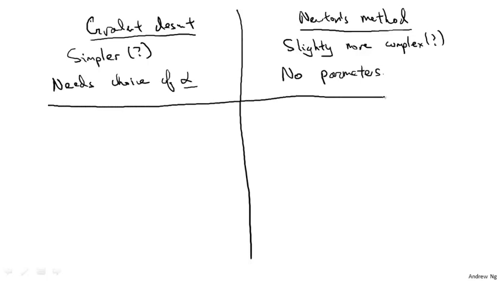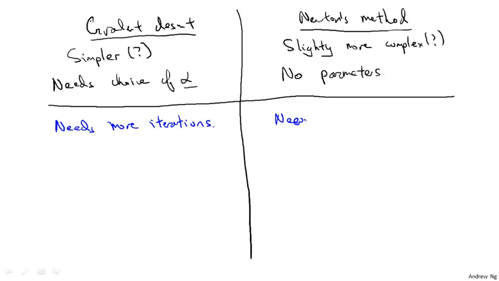So far, maybe it seems a wash between the two algorithms, or maybe small differences. Here's a more significant difference: gradient descent, it turns out, needs more iterations. You may need to run a lot of iterations of gradient descent before it converges, maybe hundreds or thousands or tens of thousands of iterations or more, and this depends a lot on your problem.